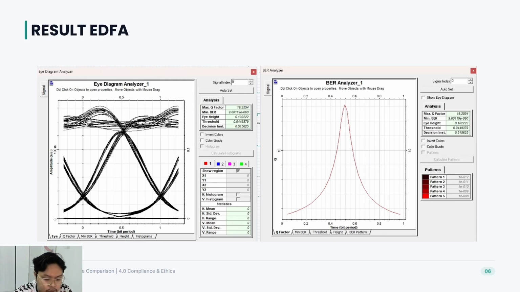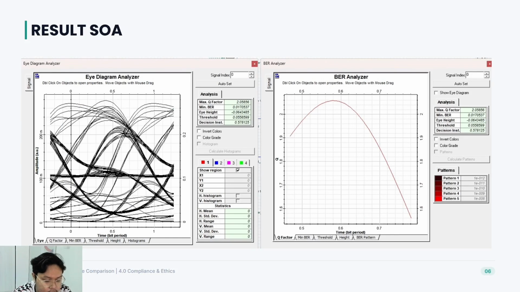The two figures show the clear performance difference between the SOA and EDFA optical amplifier systems based on the eye diagram and BER analysis. In the first result, SOA, the eye diagram is more closed and distorted, indicating higher noise and stronger inter-symbol interference. This is also supported by the low Q factor value of around 2.06 and higher BER, which show that many bit errors occur during transmission.